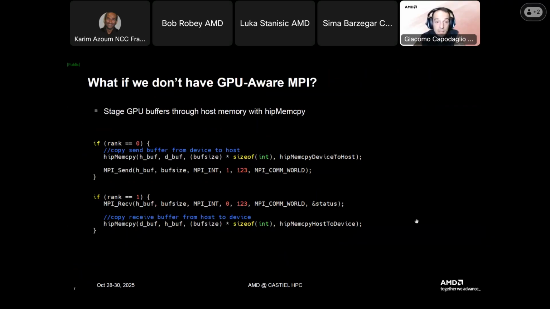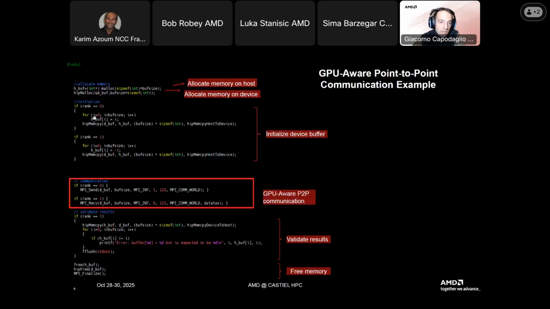As we said before, if we did not have GPU-aware MPI, then we would have had to pass just the host buffers here. In this case, you see we initialized on the host and then copied to the device.